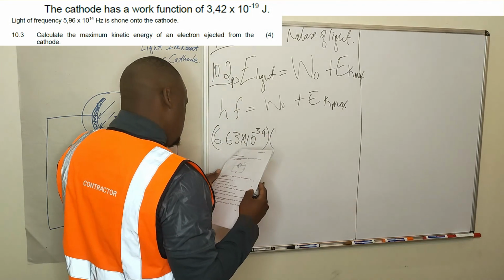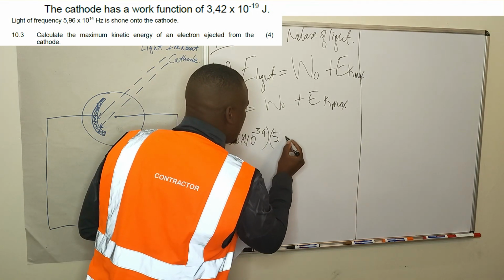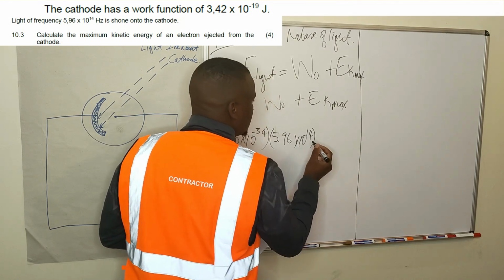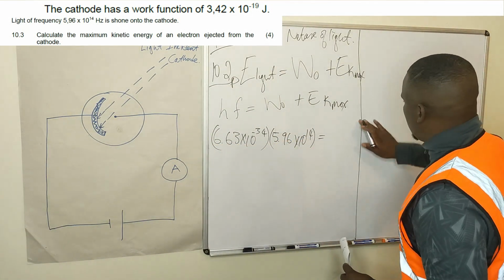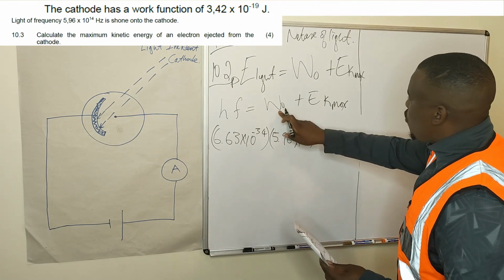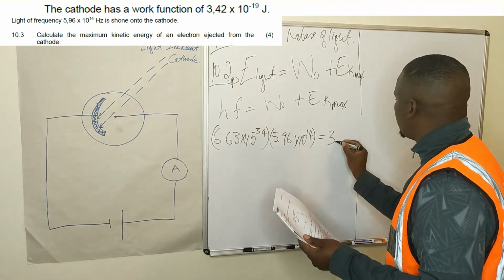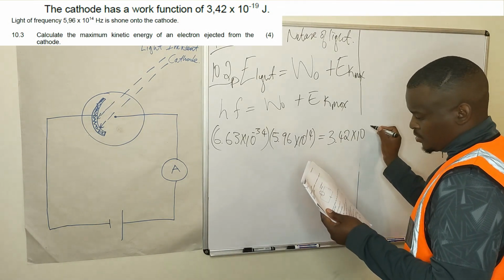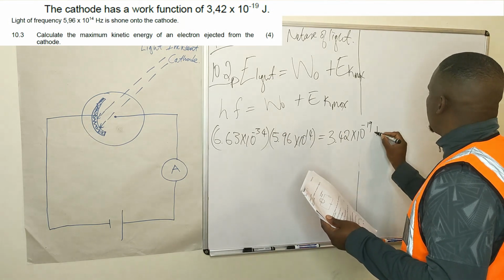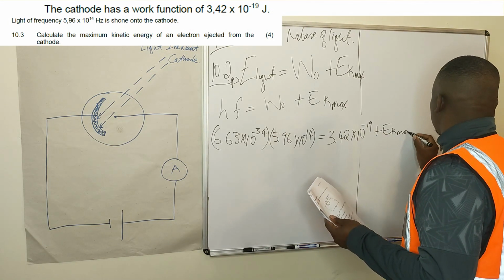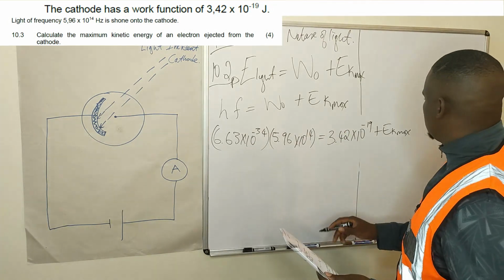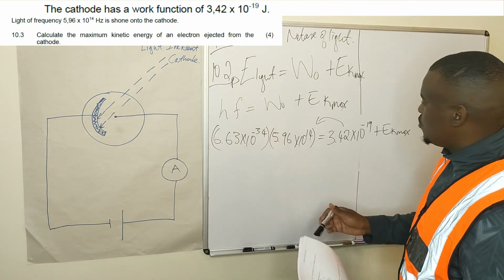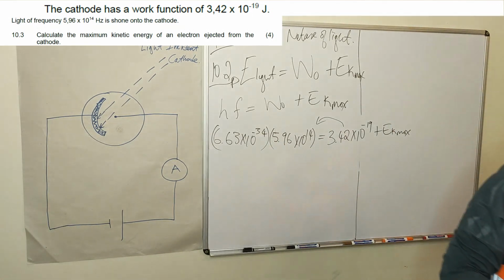Times the frequency of the light, which is 5.96 times 10 raised to 14, is equal to your work function, which is 3.42 times 10 to the power of minus 19 joules, plus your maximum kinetic energy. So you just solve for this. Then transpose this to the side and punch this in the calculator. So you'll have the answer of this minus that.